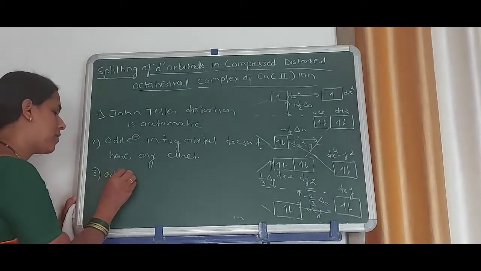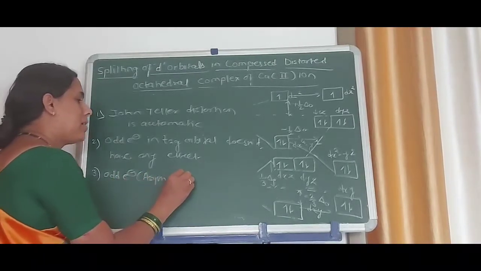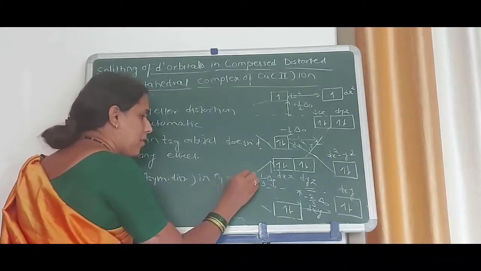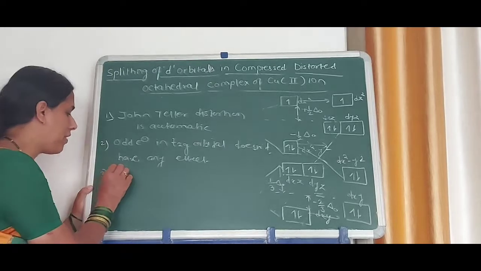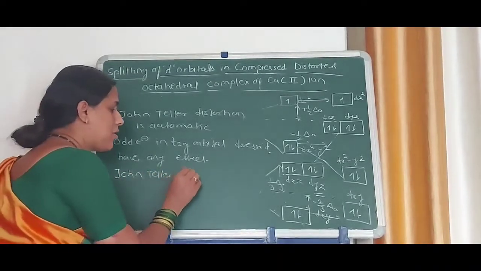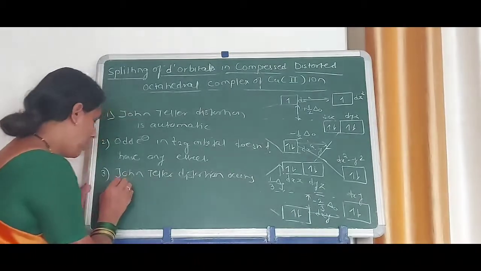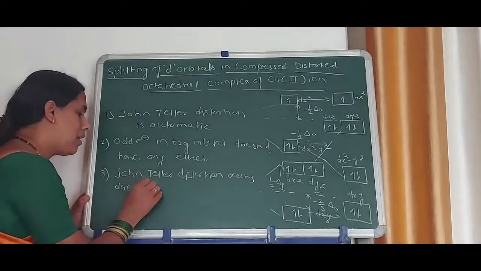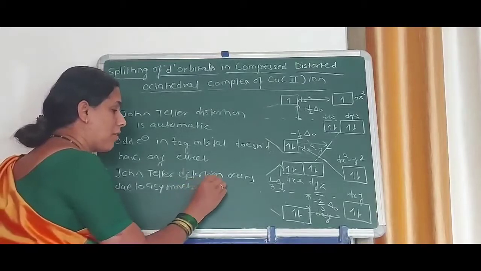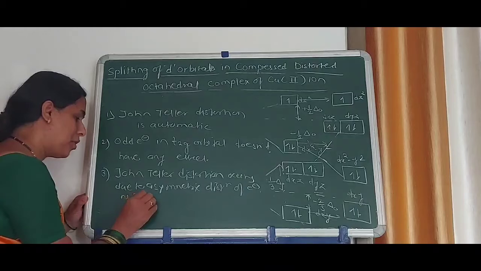Odd electrons, that is asymmetric distribution in Eg orbitals. Jahn-Teller effect, Jahn-Teller distortion occurs due to asymmetric distribution of electrons in Eg orbital.